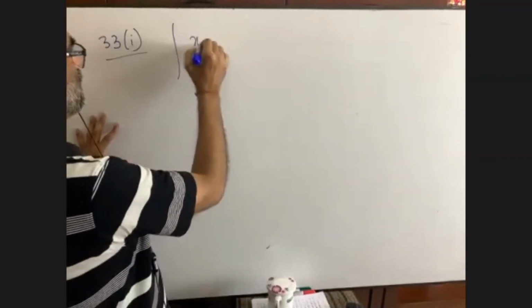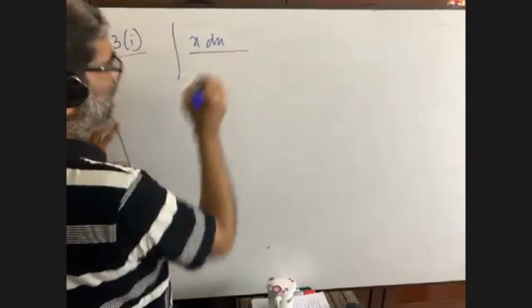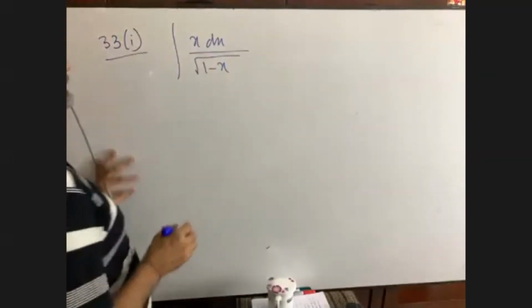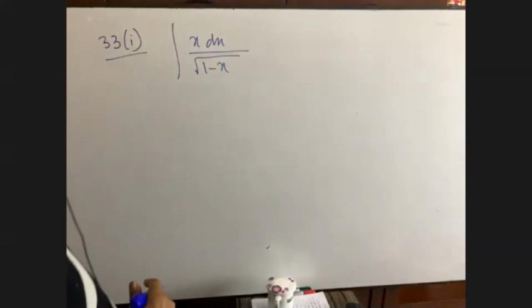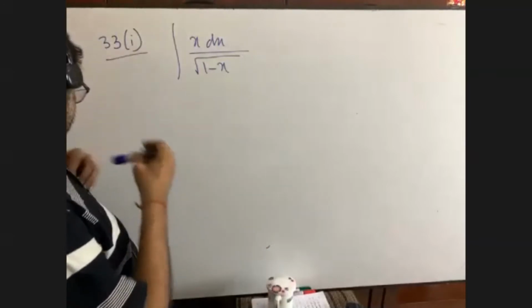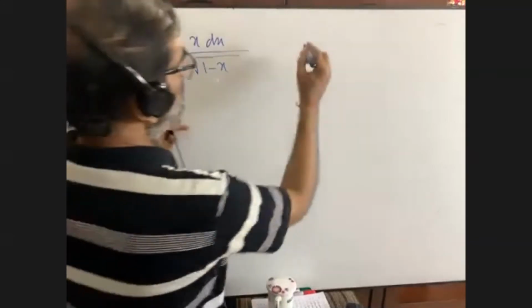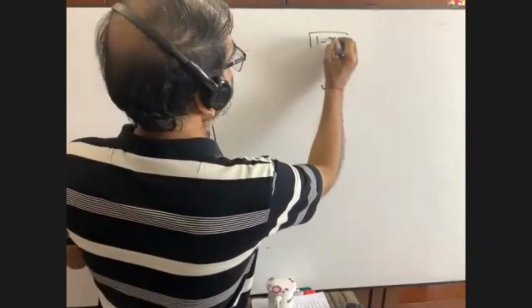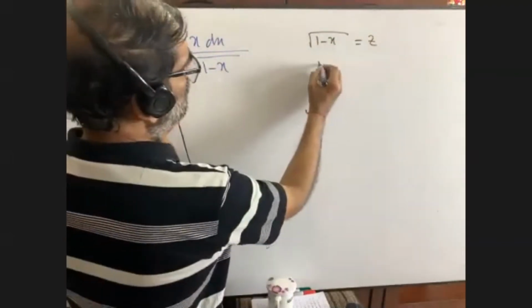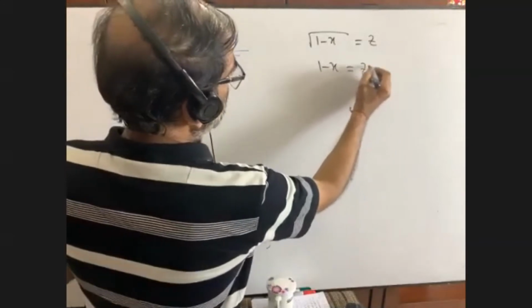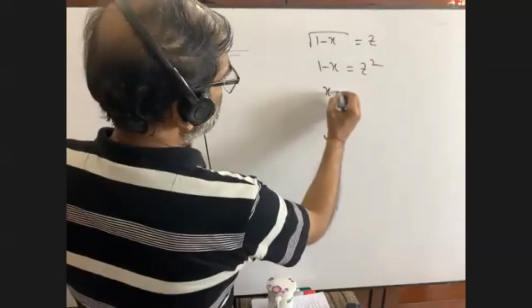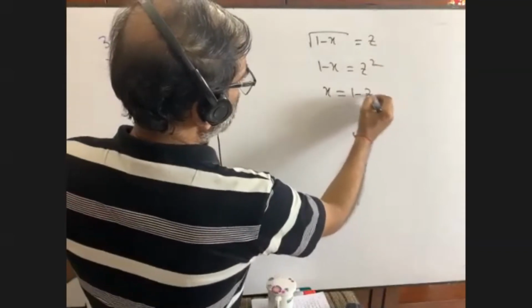Suppose it is x dx by root over 1 minus x. Can you do it? You cannot. Write down. Let root over 1 minus x equal z, right? Then we are getting 1 minus x equals z square. Then we are getting x is equal to 1 minus z square.